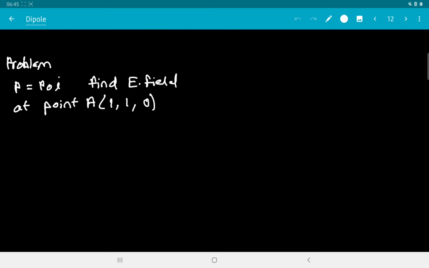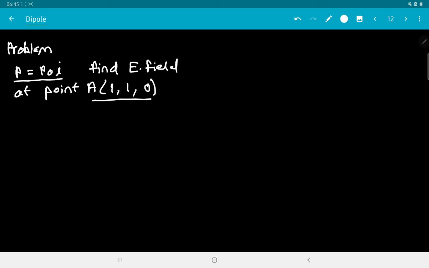Okay, now see here, they have given the dipole moment in i cap direction, and the electric field they have asked at this point 1 comma 1. I have taken the points so that the calculation becomes a little bit easier, but it can be applied to any situation. So we'll be using the coordinate independent form of the electric field, because we cannot use r cap and theta cap.